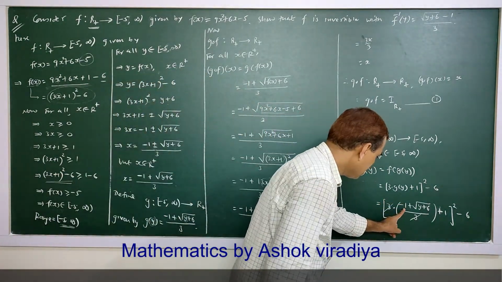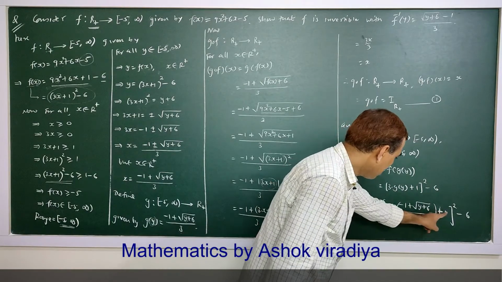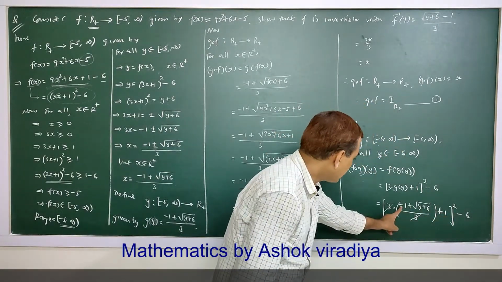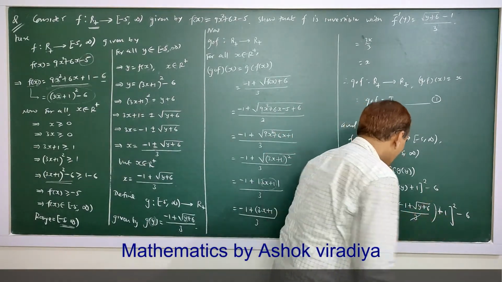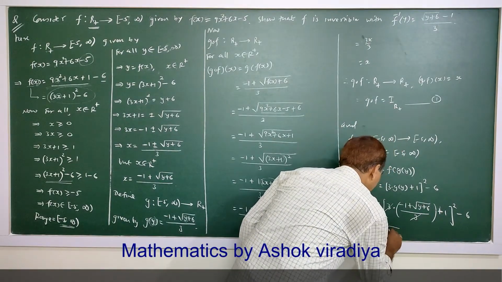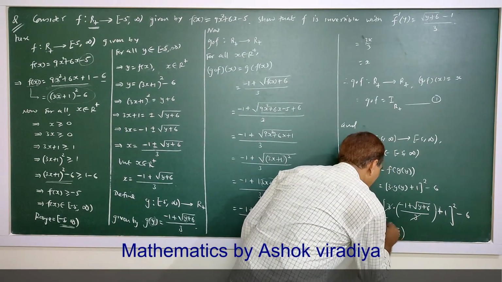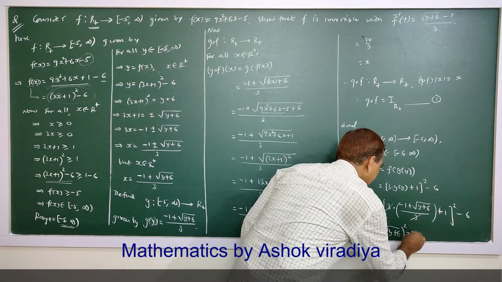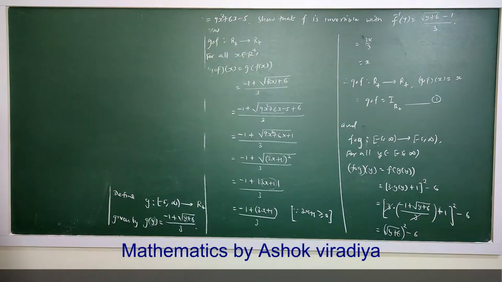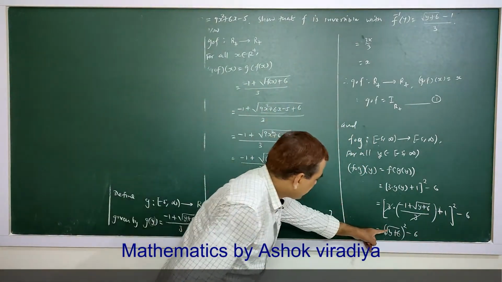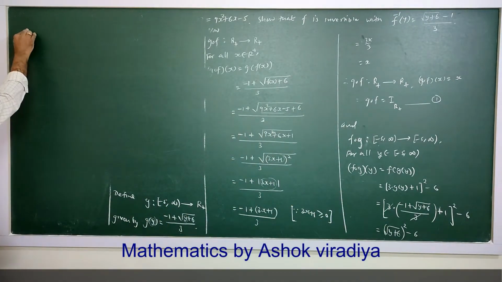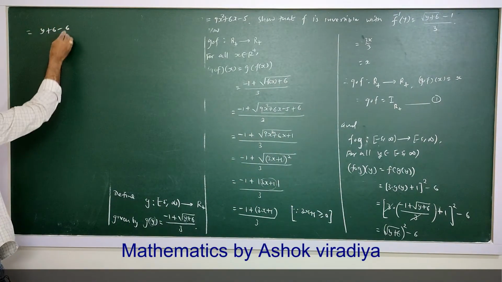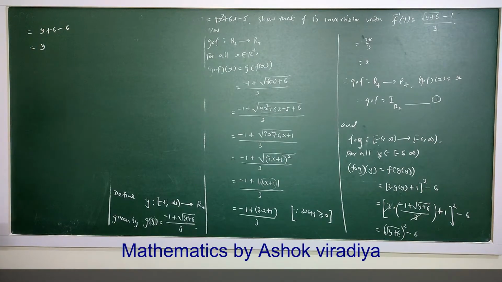Minus 1 plus root y plus 6 plus 1. Then this minus 1 plus 1 will be cancelled. So what is left? Root y plus 6 whole square minus 6. So it is equal to y plus 6 minus 6, it is y.